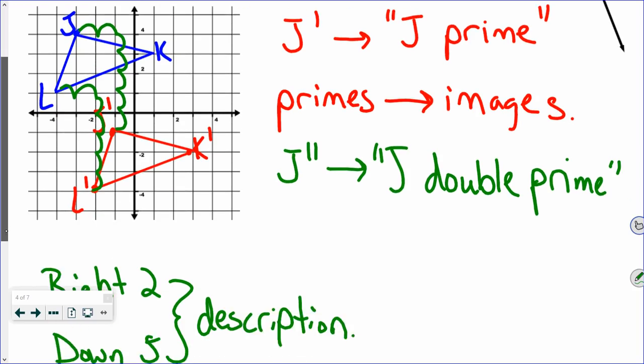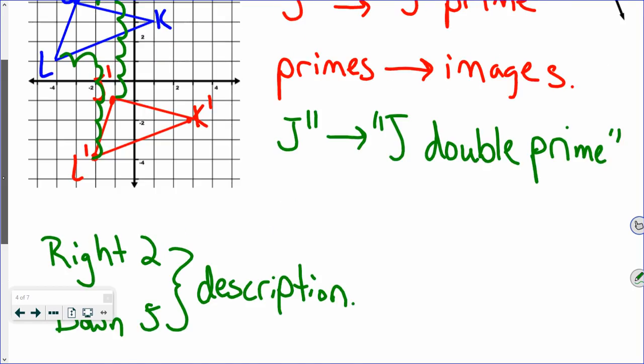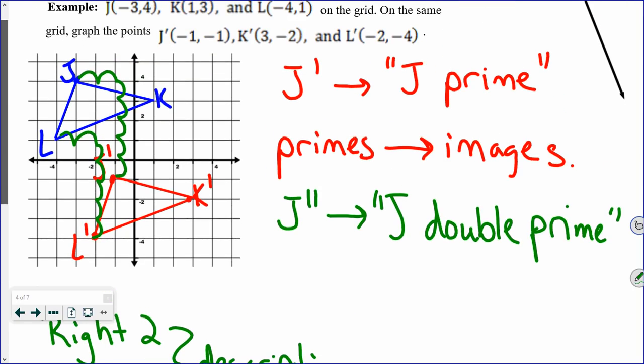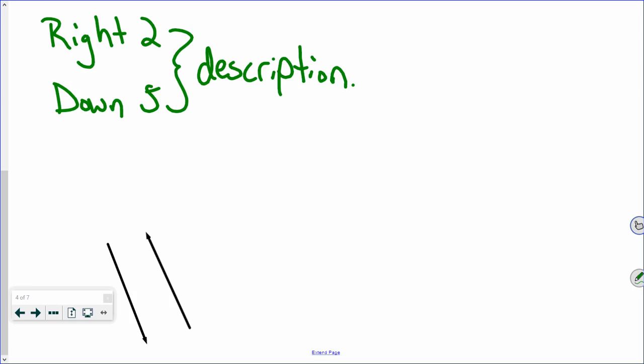So right 2, down 5 is our translation or our description. So this is now a specific length. I already drew an arrow. No matter where this arrow is on this paper, it's always right 2, down 5. So I can drag this arrow, K to K prime, J to J prime, L to L prime. This arrow is called a vector.